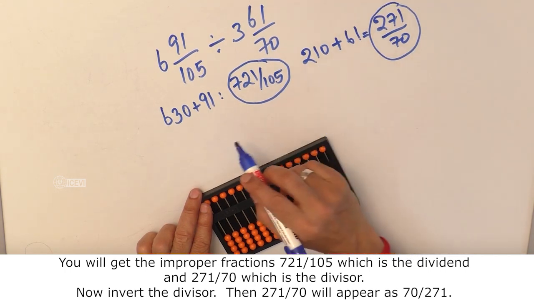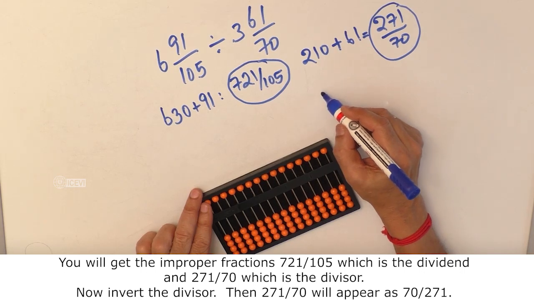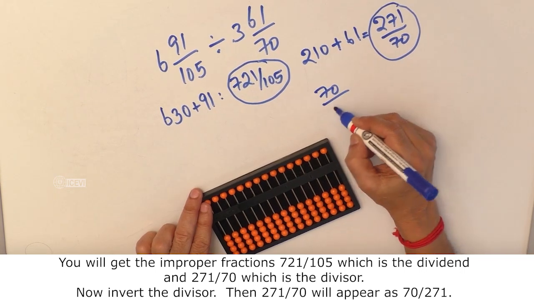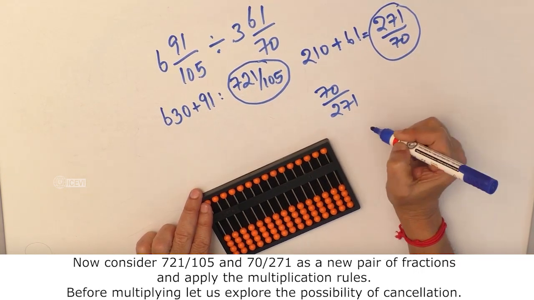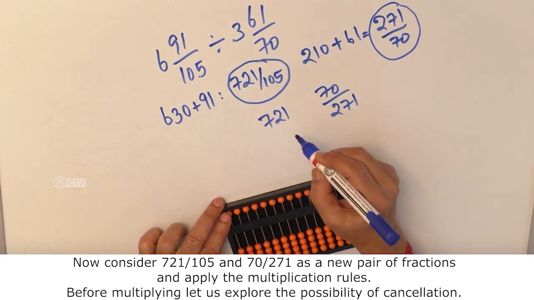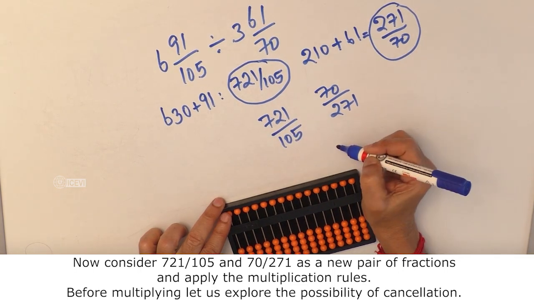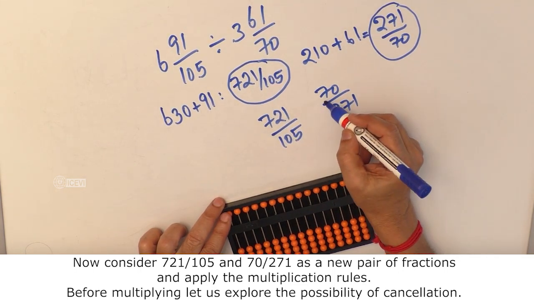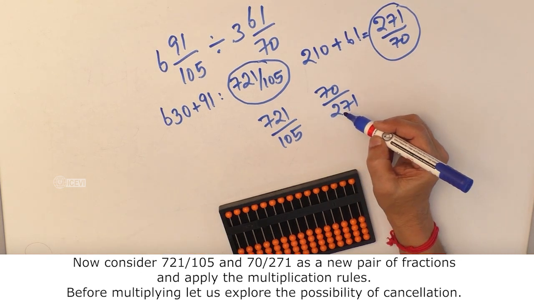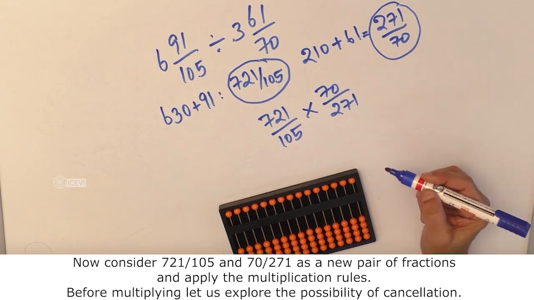Now invert the divisor. Then 271 by 70 will become 70 by 271. Now consider 721 divided by 105 and 70 by 271 as a new pair of fractions and apply the multiplication rules.